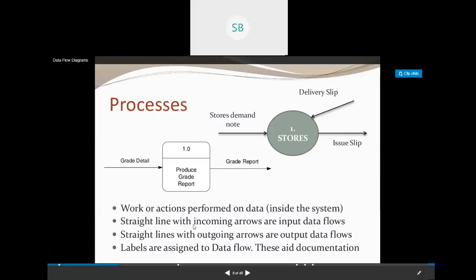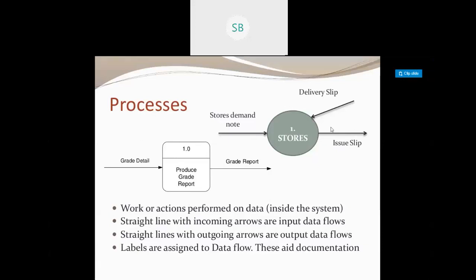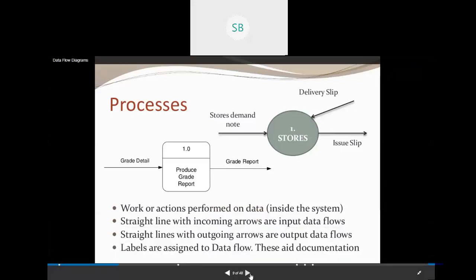Straight lines with incoming arrows are input data flows, obviously, if it is entering, and straight lines outgoing are known as output data flows. So levels are assigned. These levels have nothing to do with the processing order, it doesn't mean this will be processed first. There is nothing of ordering, these are just levels. We have certain levels in DFD. We'll study that, so we level for that purpose only.